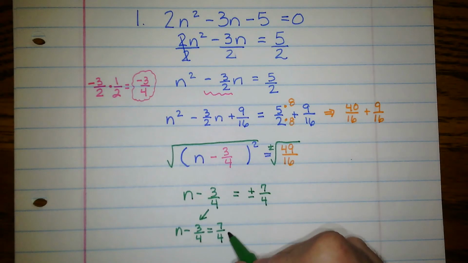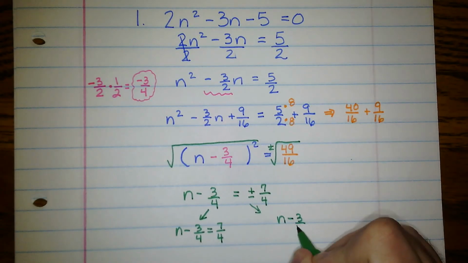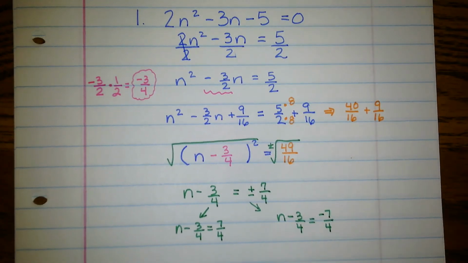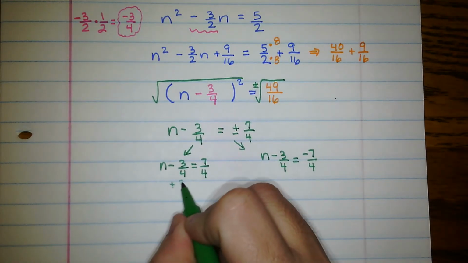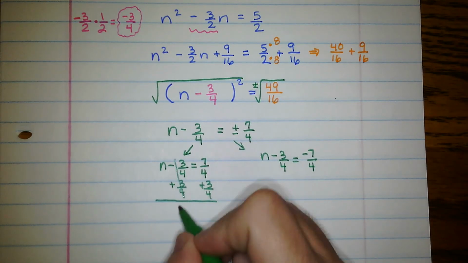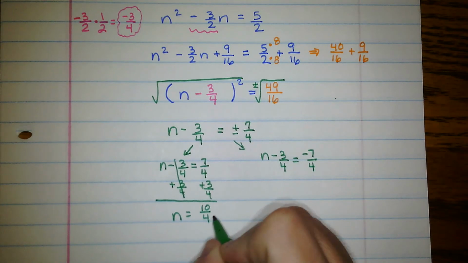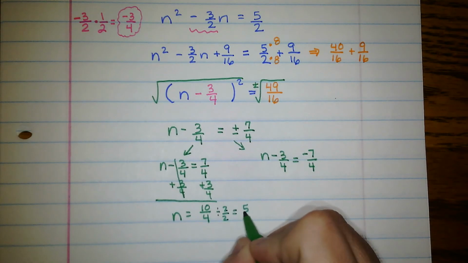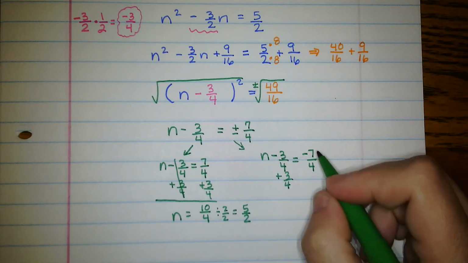So I need the positive 7/4 and I'm going to need a negative 7/4 as part of my solution from the plus and minus. I'm going to add 3/4 this way. And 7/4 and 3/4 is 10/4. And you can reduce that to 5/2.